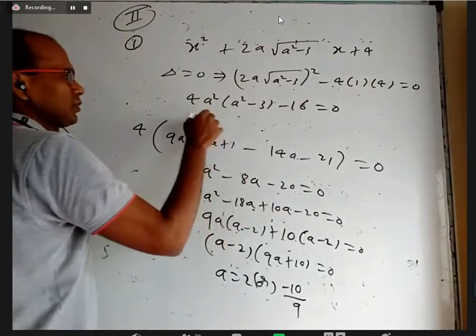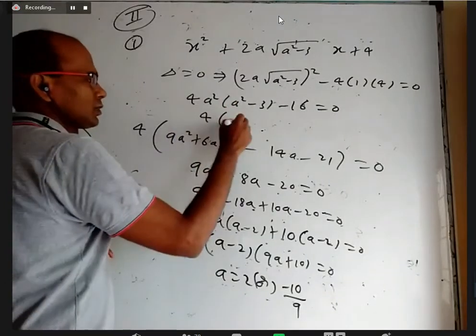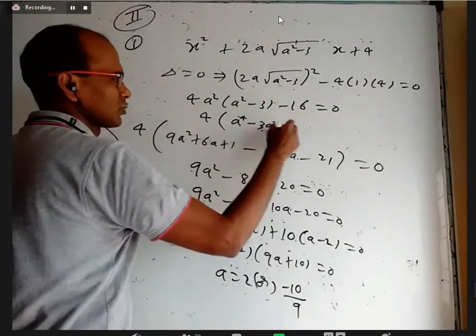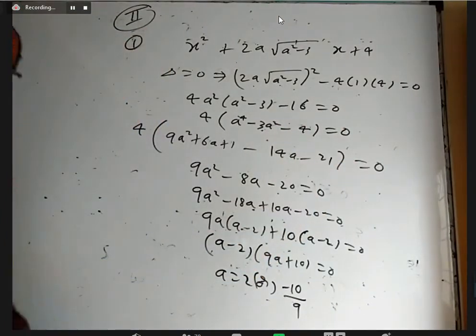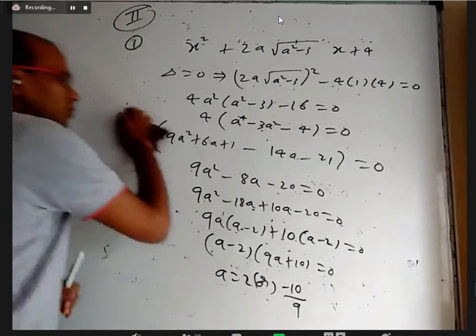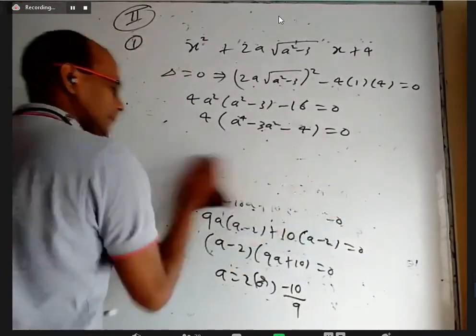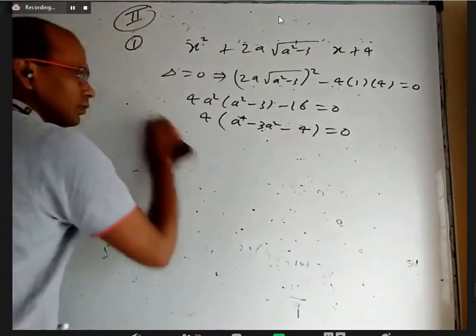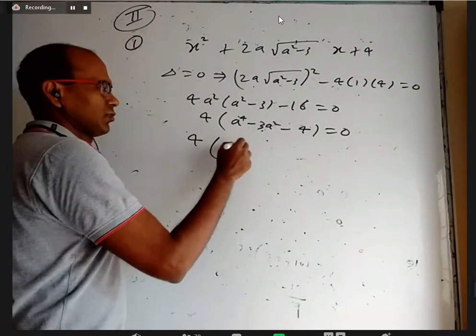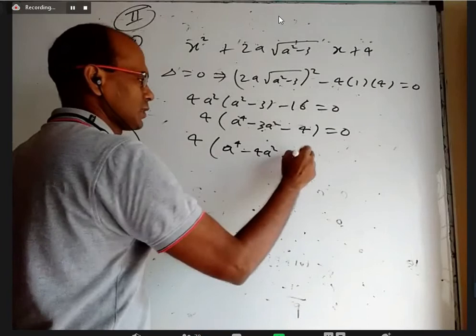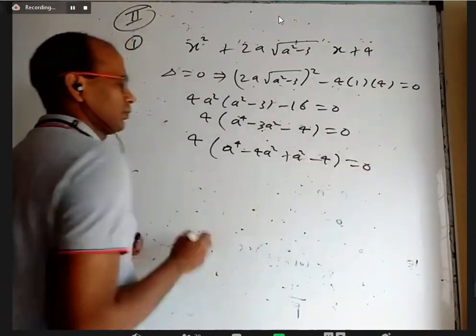If I take 4 common, it will be a power 4 minus 3a square minus 4. This is a power 4 minus 4a square plus a square minus 4 equal to 0.